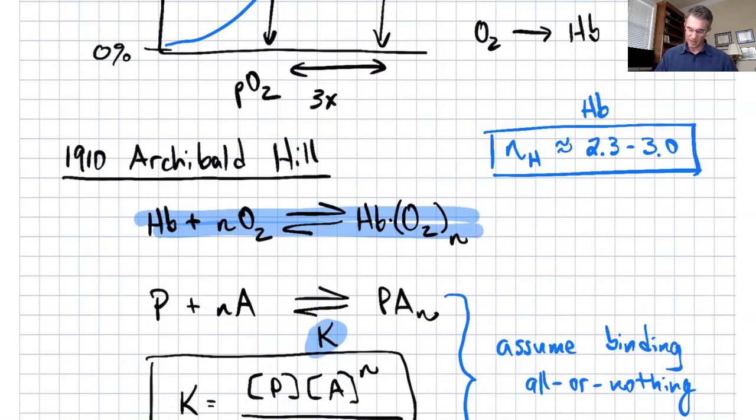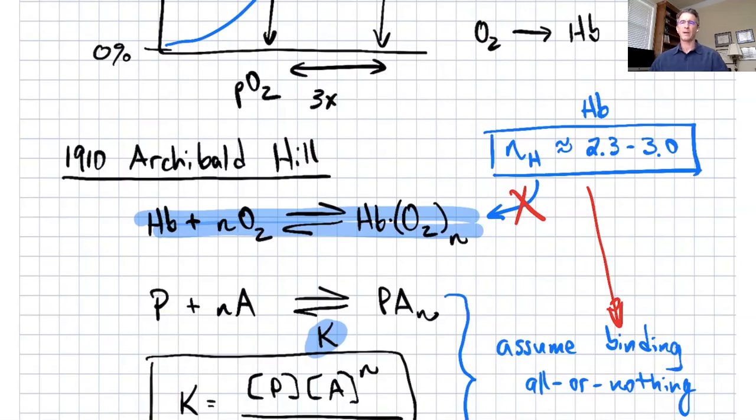So operationally, if you think about the goal here, Hill failed. This model didn't accurately predict the number of hemoglobin binding sites, and that is absolutely contained in the assumptions of the model, which assumed essentially all or nothing binding.